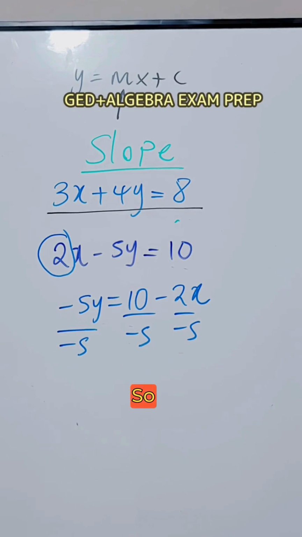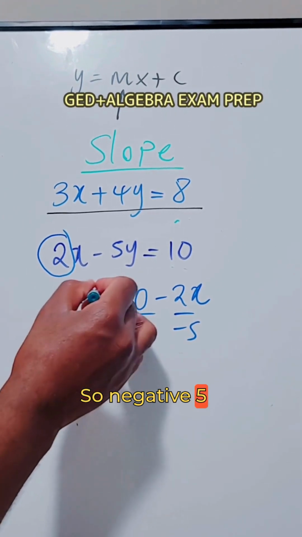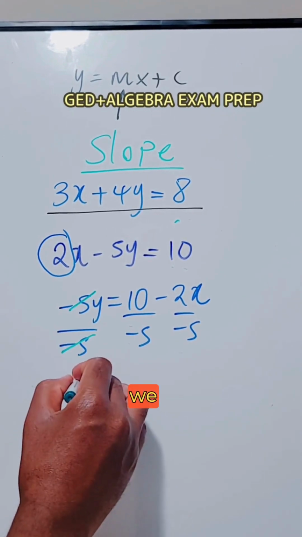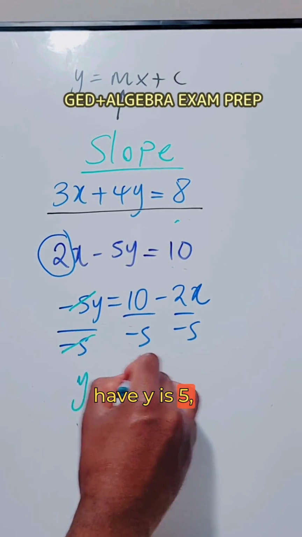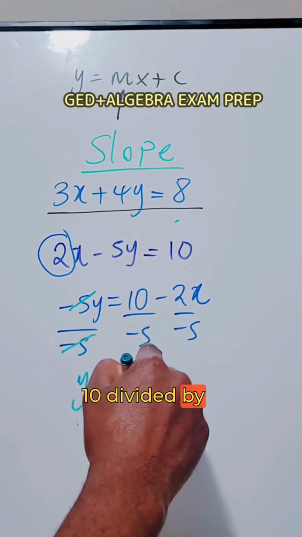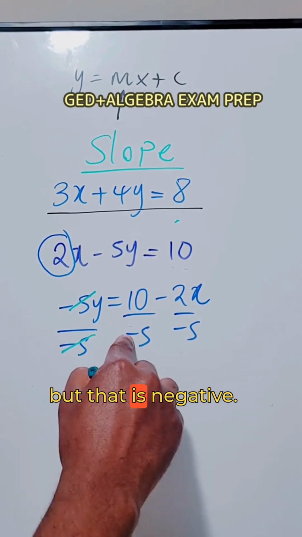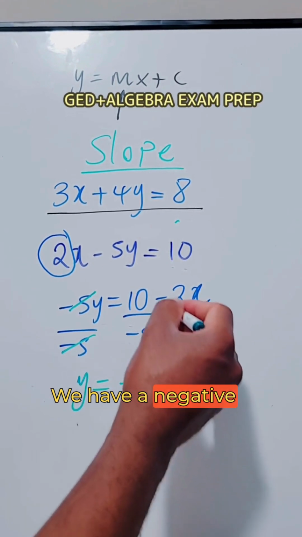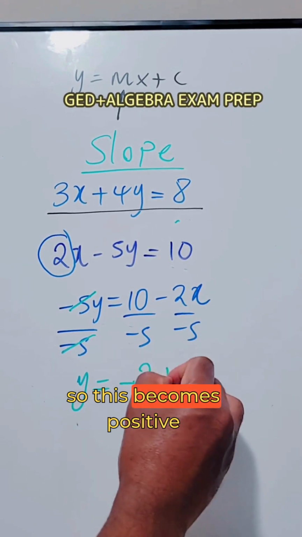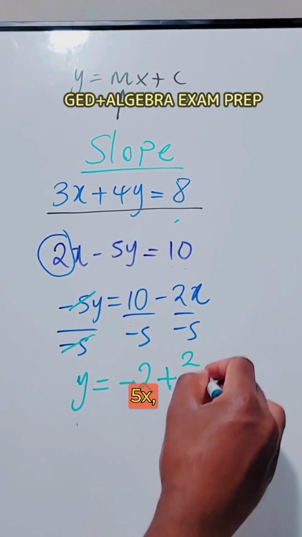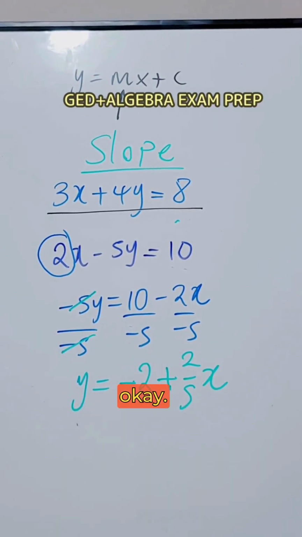Okay, so that is a very important step. So negative 5 and negative 5 cancel. We have y is, 10 divided by 5 is 2, right? But you have a negative and negative, right? So this becomes positive 2 over 5x.